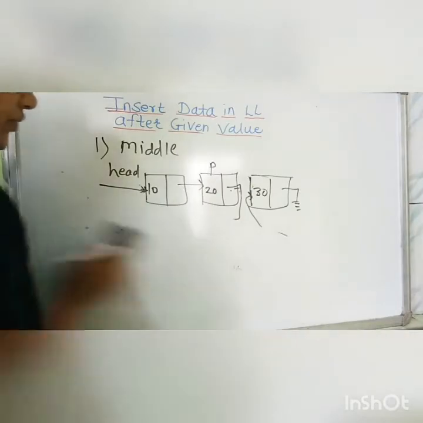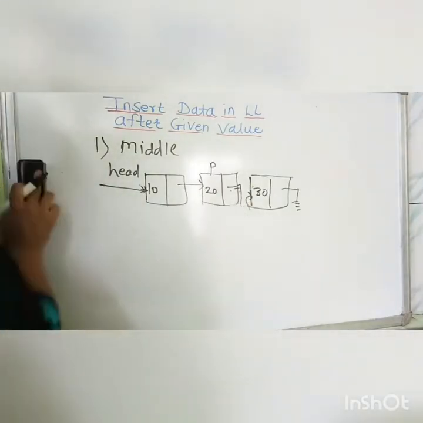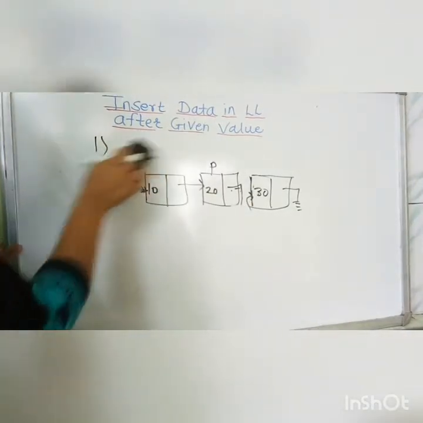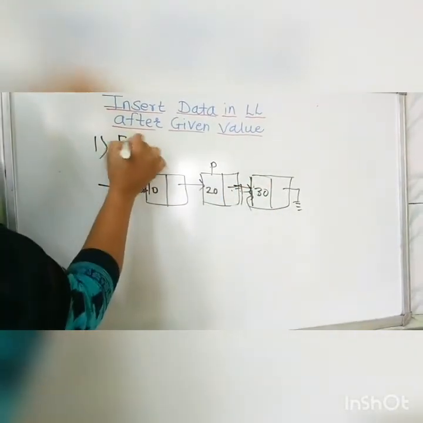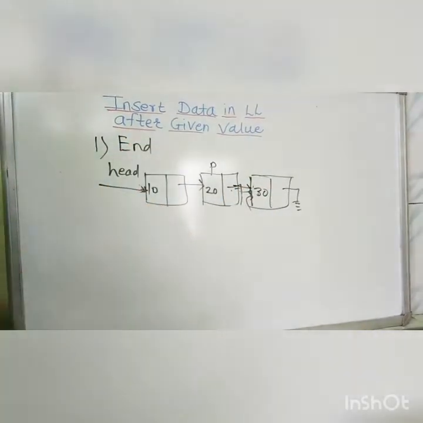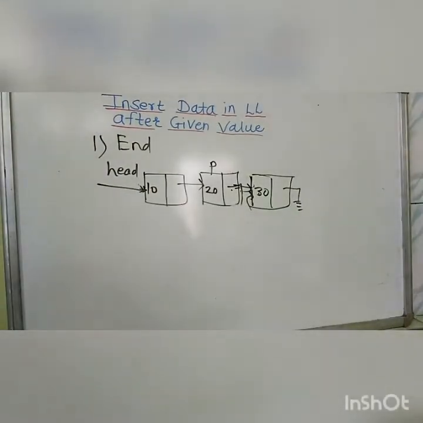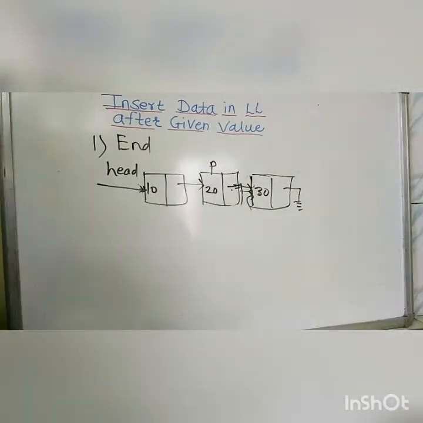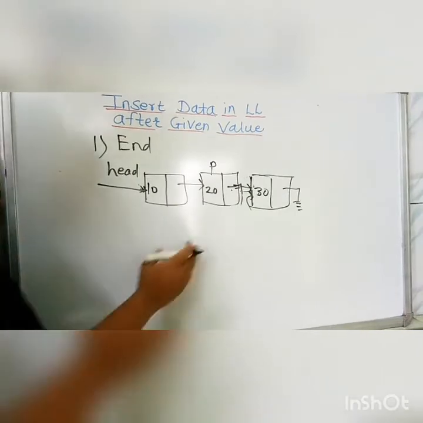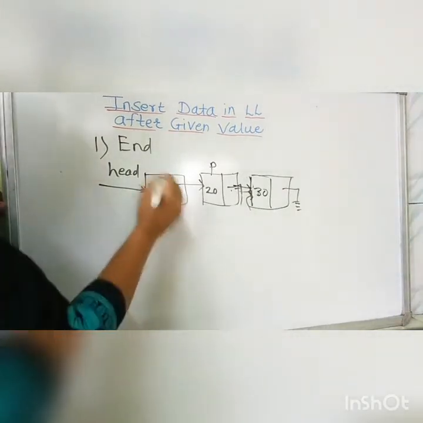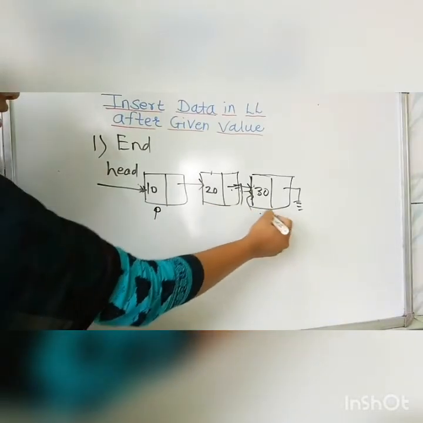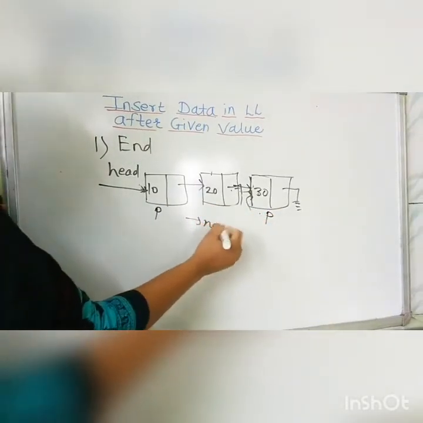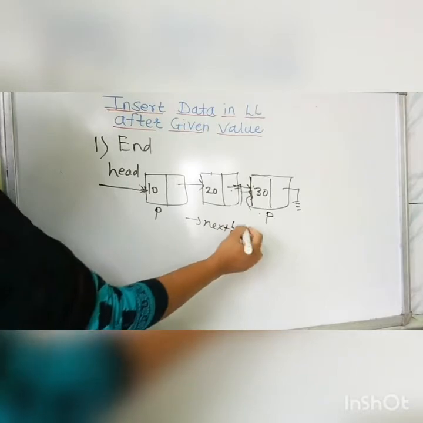This is the case for inserting the element at the middle, but now we have to attach at the end of a linked list. So how can we perform it? We start with any node P and shift it to the next till its pointer next is not equal to null.